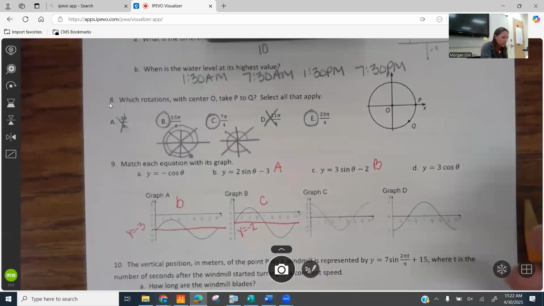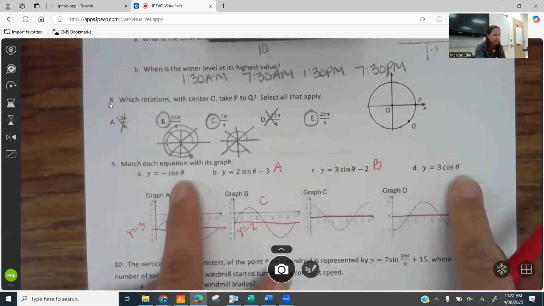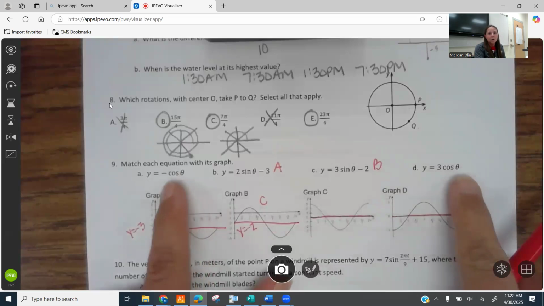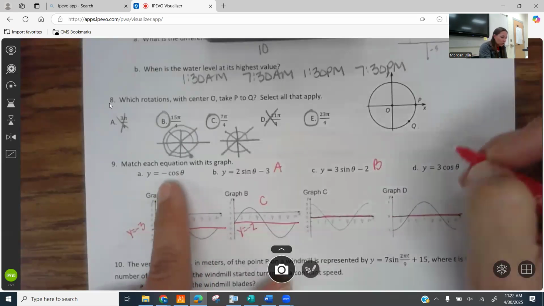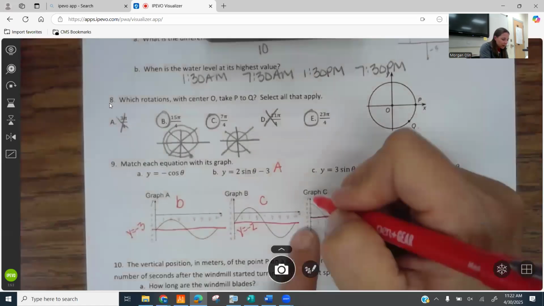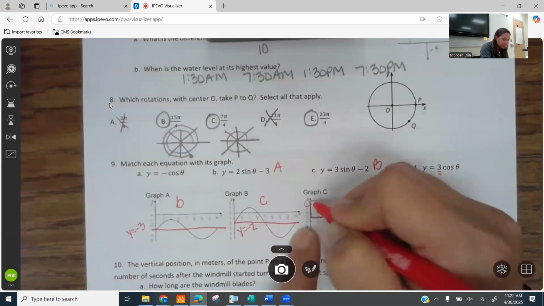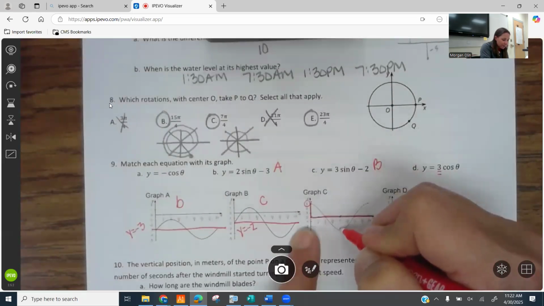Now, the other ones both have the midline of y equals 0, which both of these have nothing added off. All right, how can I tell the difference? Well, I notice this has a 3. That means your amplitude is 3. And if you notice, this right here is 3. So from my midline to my max, or my midline to my min, is a total of 3.